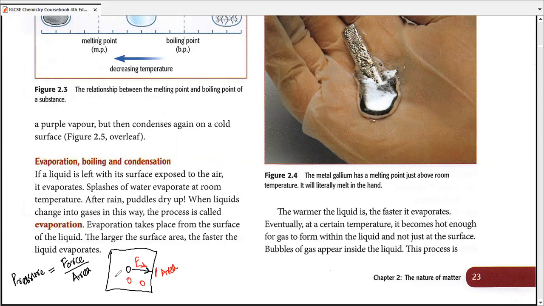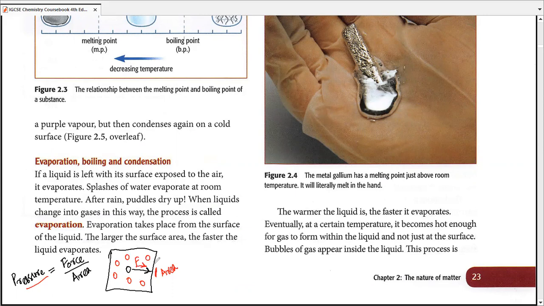Now, if we're talking about a few molecules that are colliding at different points on a container, the overall force over area would be the overall pressure of that gas exerted by those particles, right? Make sense? Sir, can you please repeat this again?